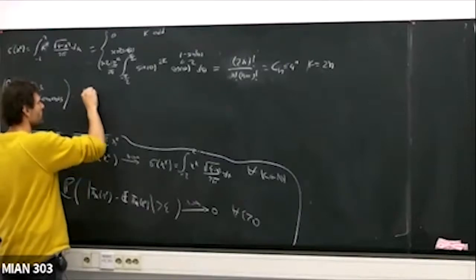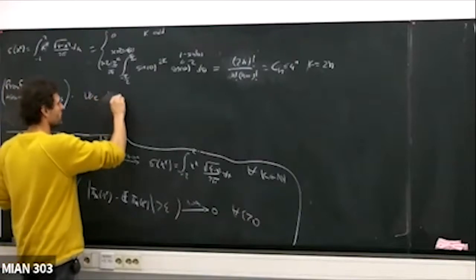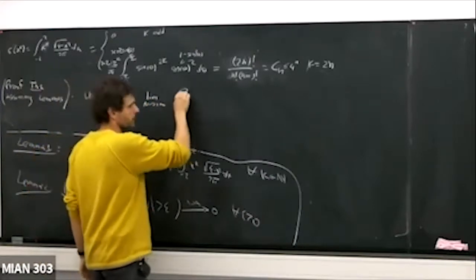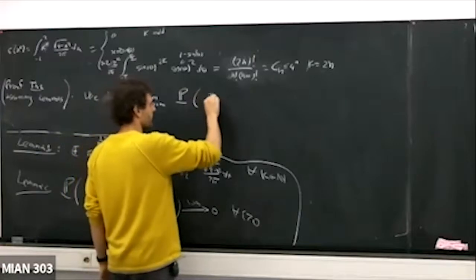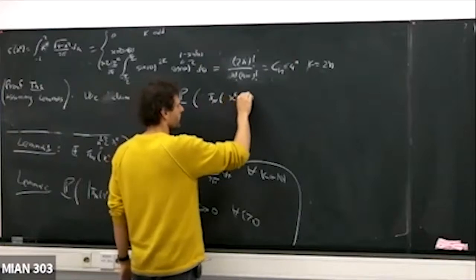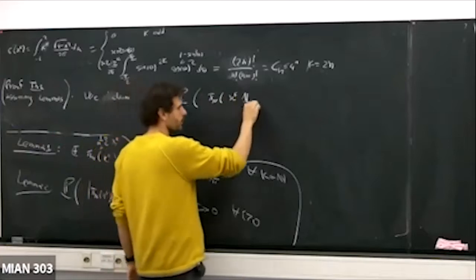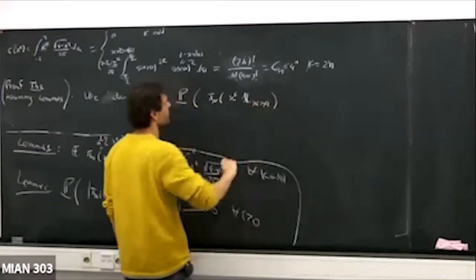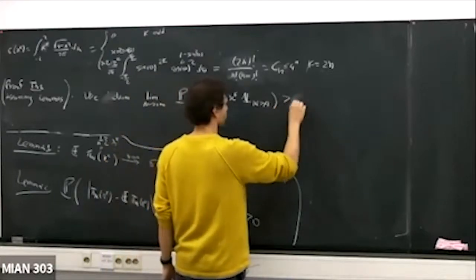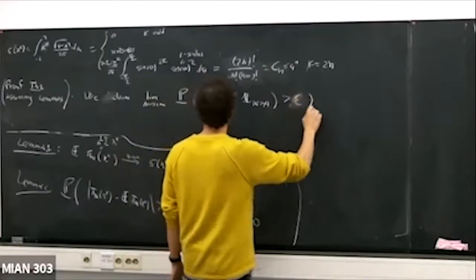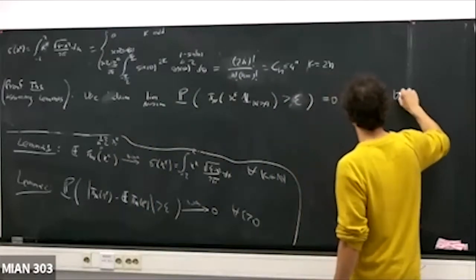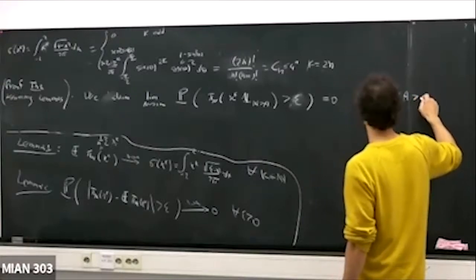We claim that the limit, when n goes to infinity, of the probability that pi n of x to the k restricted, this means that this function is 0 when x is more than a, is bigger than epsilon, this limit is equal to 0 for all epsilon and for all a bigger than 4.